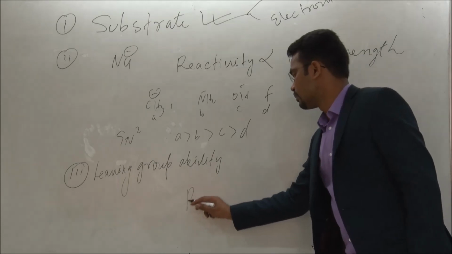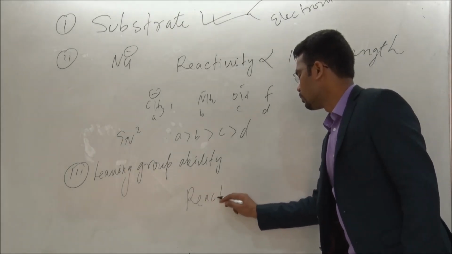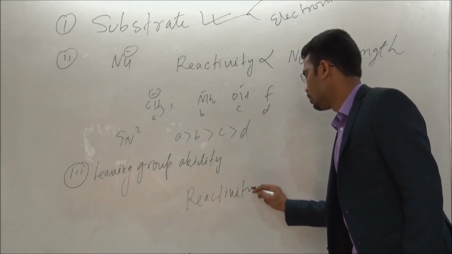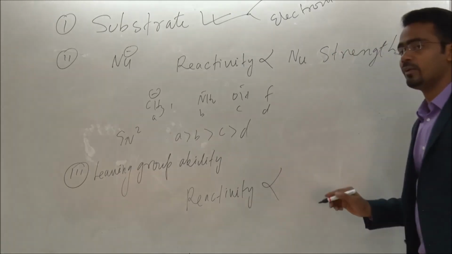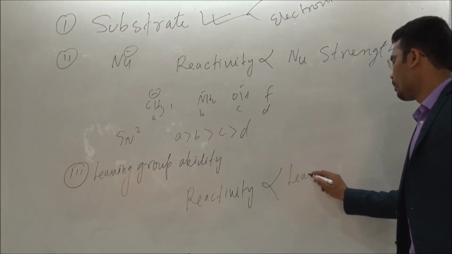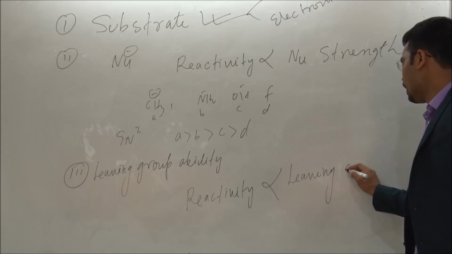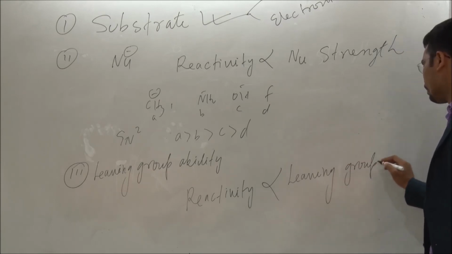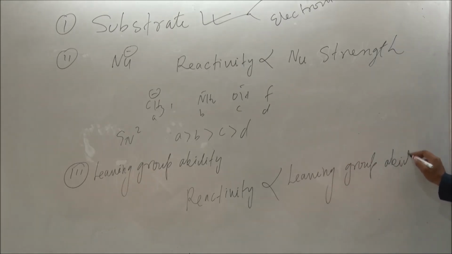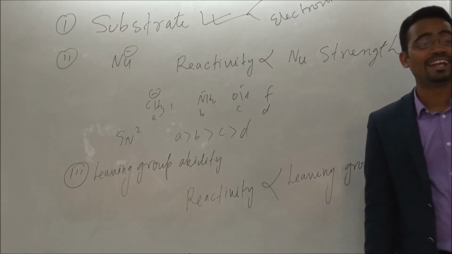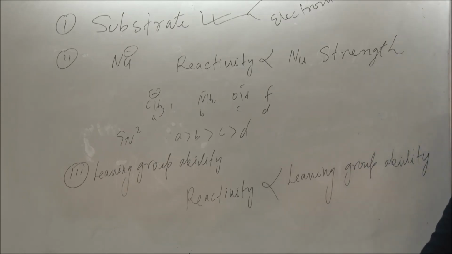Reactivity is directly proportional to leaving group ability. इतना लंबा कर मैं लिखता नहीं. So reactivity is directly proportional to leaving group ability. Done?